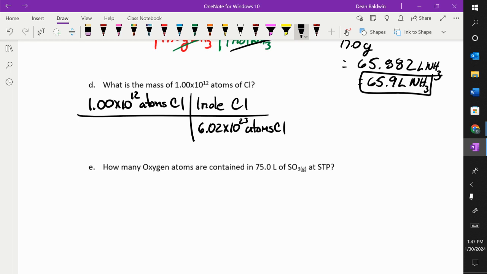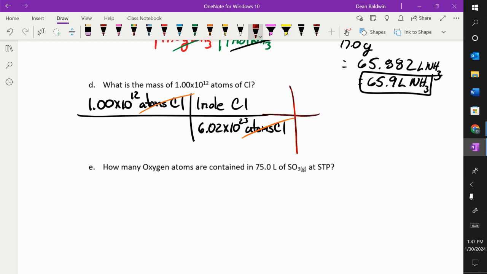Why did I write it like that and not the other way around? Why didn't I have 6.02 up top? Because you want the atoms to cancel, right? Then I'm left with moles of chlorine. But I don't want moles. I want grams. So what do I have to use? The molar mass. What's the molar mass of chlorine? 35.5.